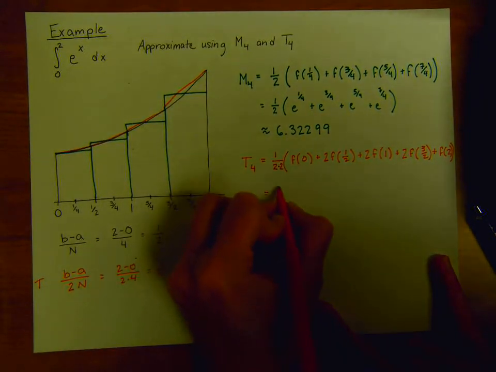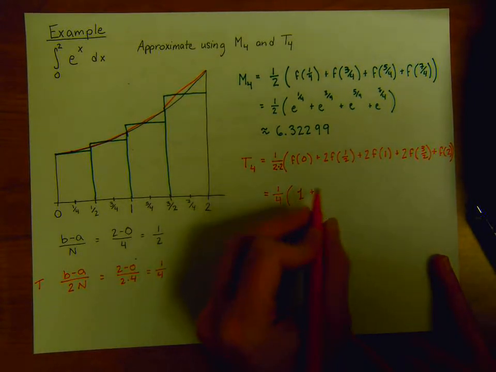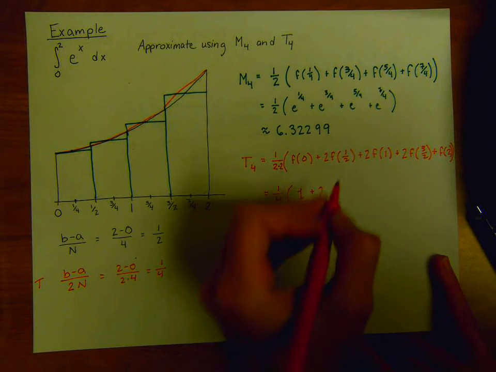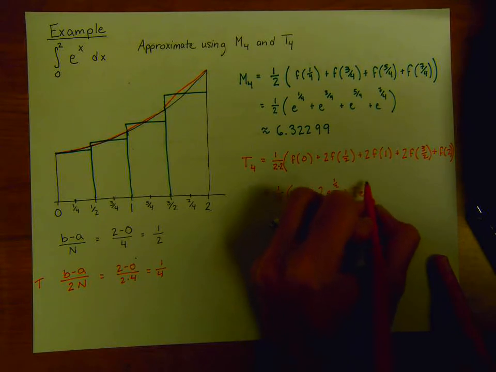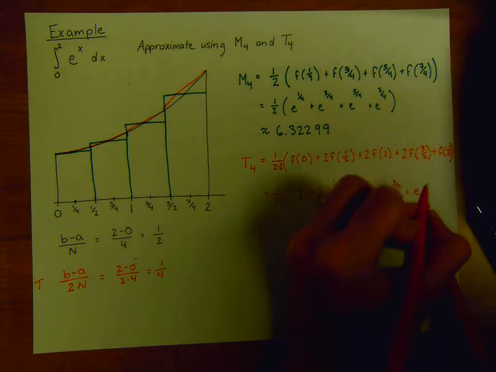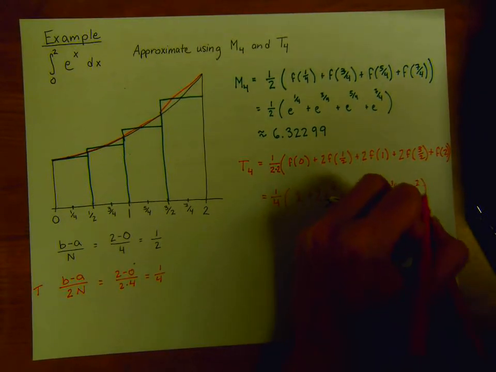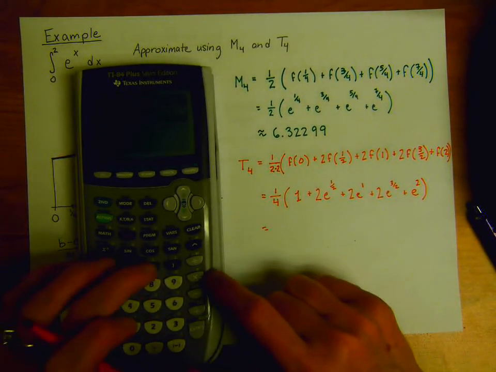So finishing this trapezoid rule, this will be 1/4 of f of 0 is 1, that's one I can do in my head, but 2 times f of 1/2, that's 2 times e to the 1/2, plus 2 times e to the first, plus 2 times e to the 3/2, plus just 1 copy of e squared. And again, I can plug this into my calculator and get a numerical result.